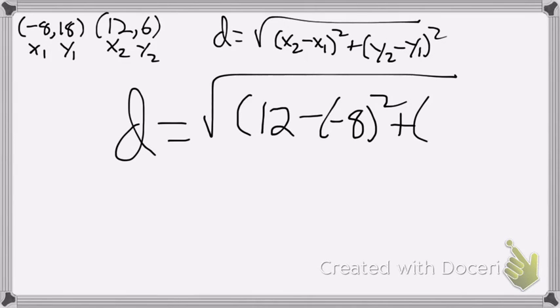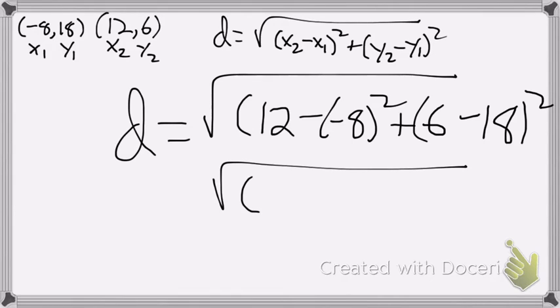We then add in, we go y2. Look over there, we see that it's 6. And we subtract 18 again, and we square that. Again, keep in mind that because we're squaring them, the answer is going to be positive. It doesn't matter whether we go 12 minus a minus 8, or -8 minus 12. We're going to get the exact same answer.